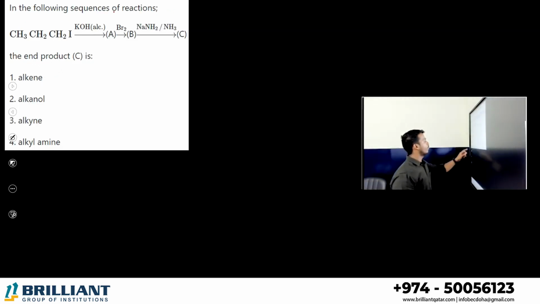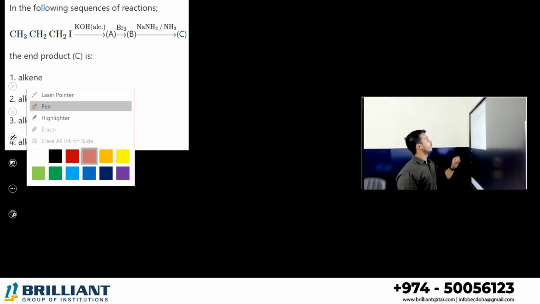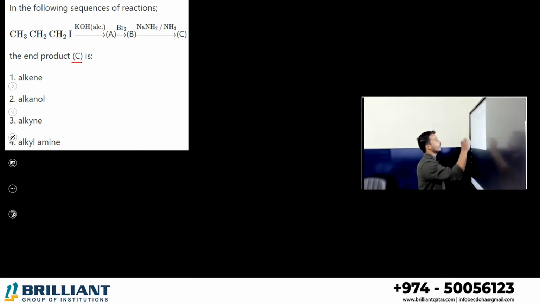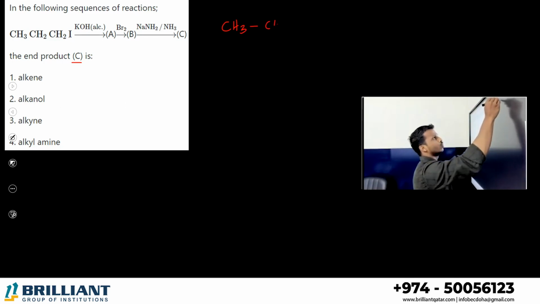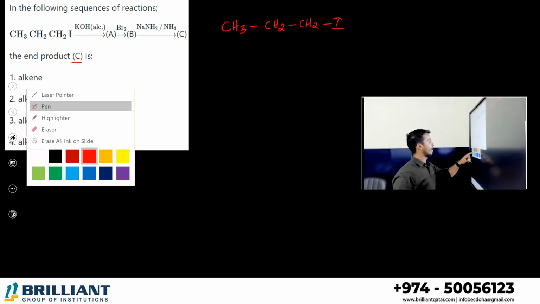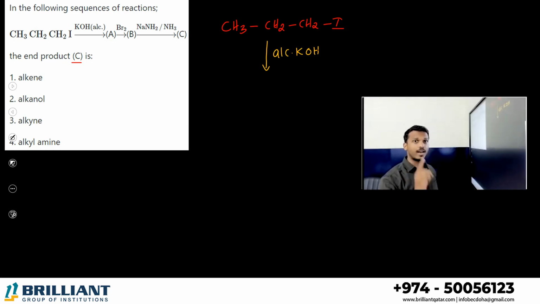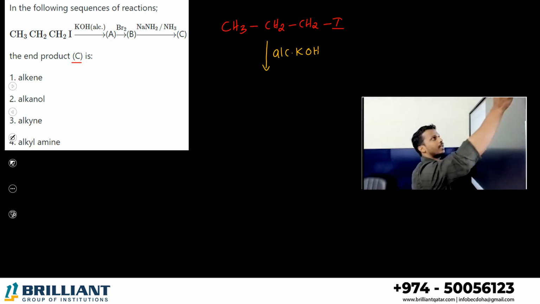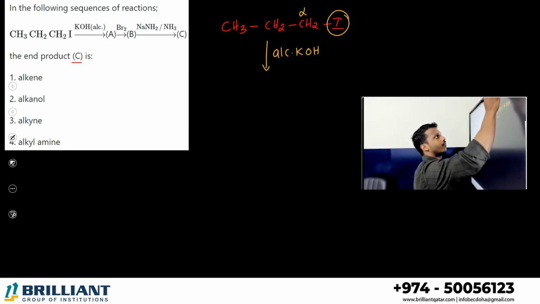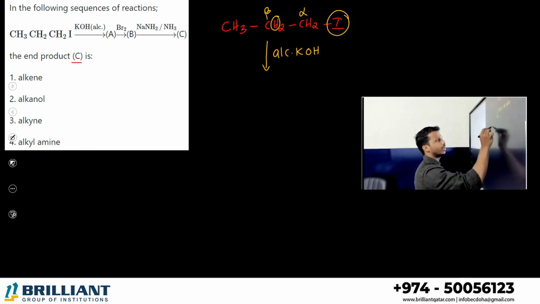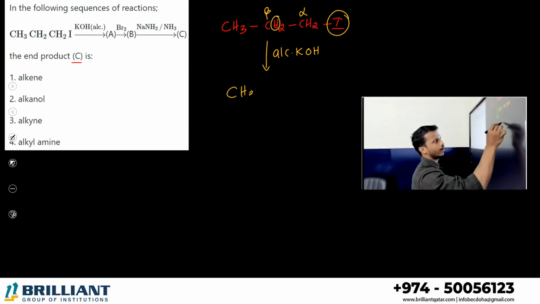Now, in the following reaction, what is the final product C? What is the starting material? CH3CH2CH2I, iodopropane or propyl iodide. First, what is treating? Alcoholic KOH. Alcoholic KOH means beta elimination. What is beta elimination? Take iodine from alpha, take one hydrogen from beta, make a double bond between alpha and beta.